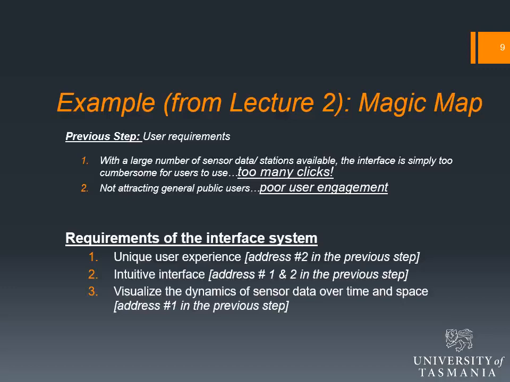And then the third one is to visualize the dynamics of sensor data over time and space. So this is really trying to get the information out. It does not try to address number 1, because number 1 is too many clicks, since you have to move from one environmental sensor station to another station in different locations.